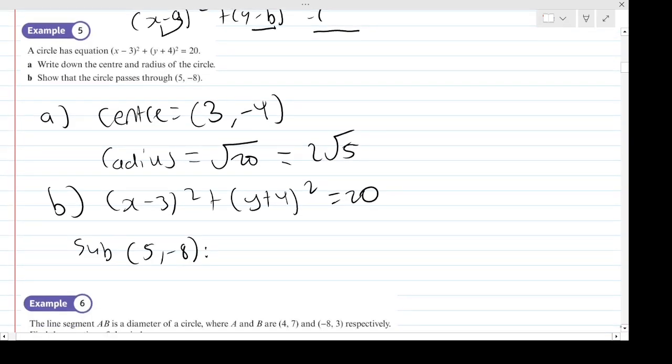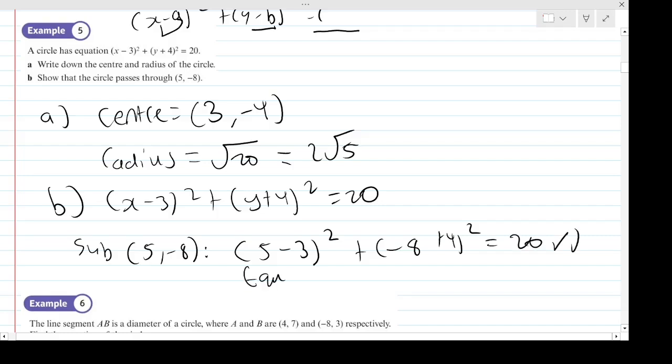So let's substitute x as 5, so we get 5 minus 3 all squared. Then we add y, which is minus 8 plus 4 all squared. If you put all that in a calculator, you should get 20. You get 20. So the equation is satisfied. Therefore, 5, minus 8 is on the circle.